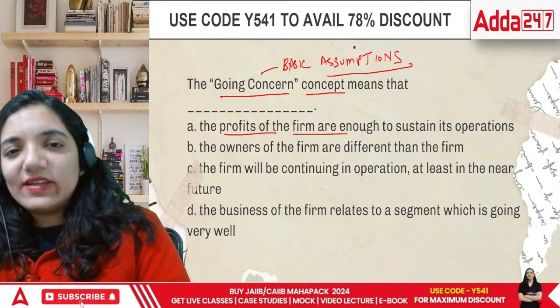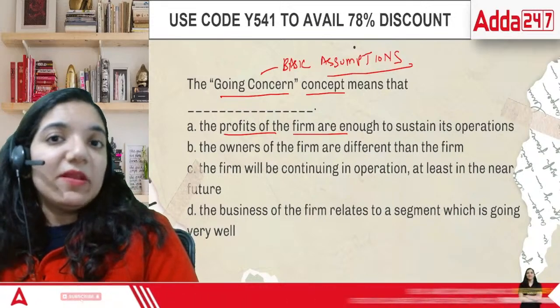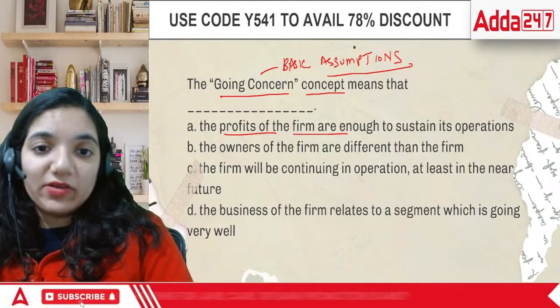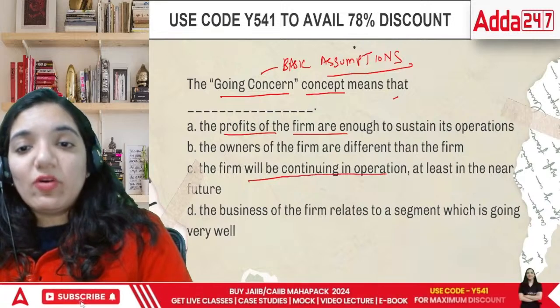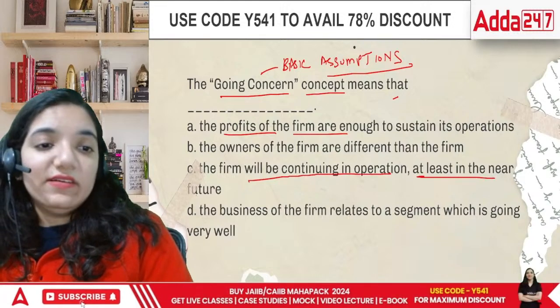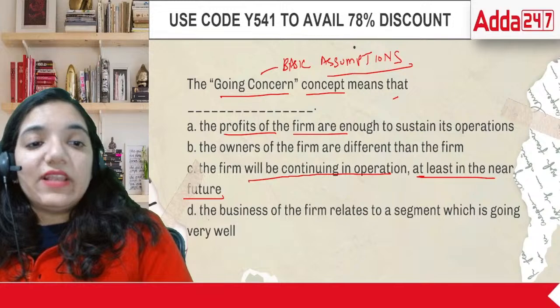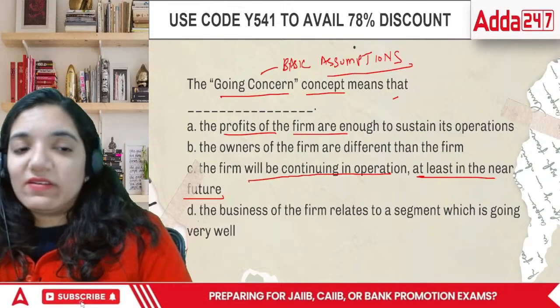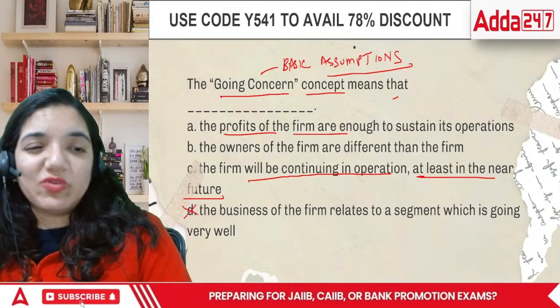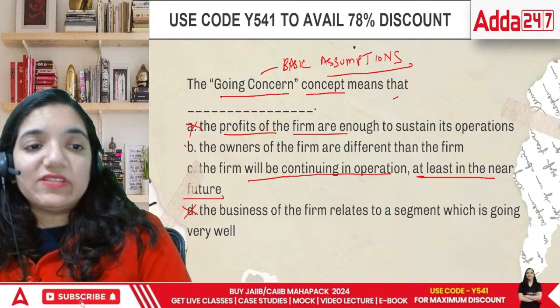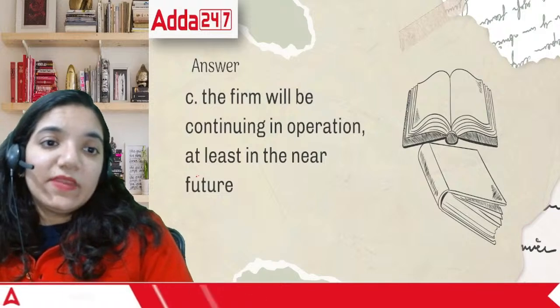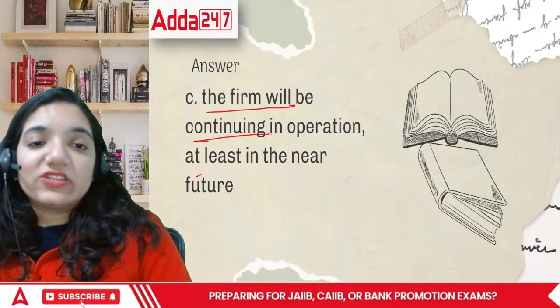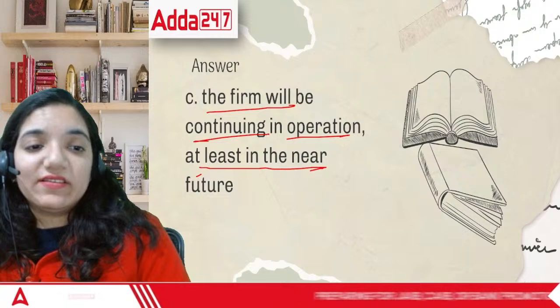The crux of the going concern is men may come and men may go, but the business is here to continue. So this means the firm will be continuing in operation at least in the near future. The last, that the firm relates to a specific segment which is going well, is not the point. So none of the others makes sense. There is only one point, that is C. The firm will be continuing in operation at least in the near future.